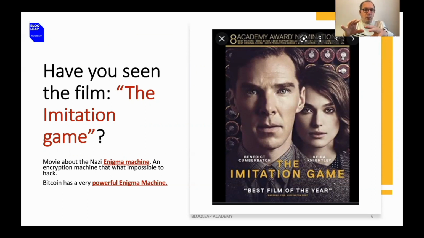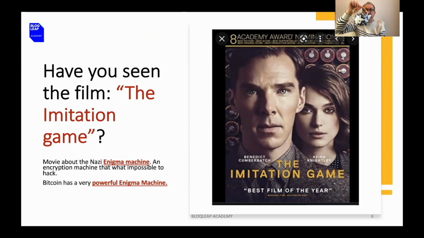So why am I talking about this movie? Again, it's going to be easier for you to think that inside the Bitcoin ecosystem, you've got a powerful Enigma machine, and I've got here this powerful Enigma machine in Bitcoin, which is this, okay?